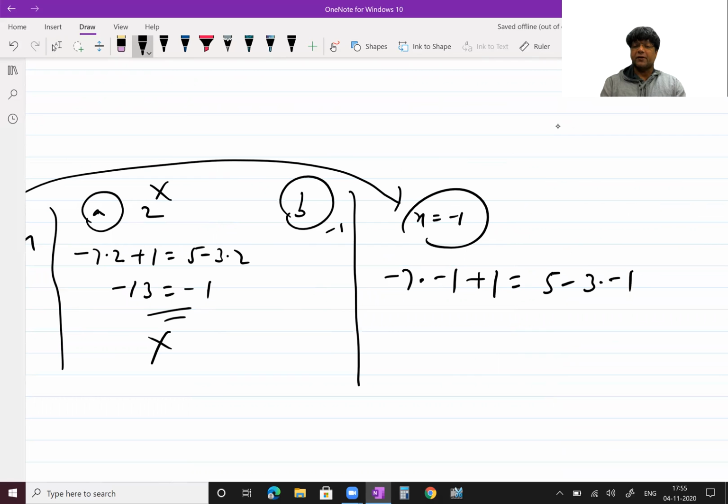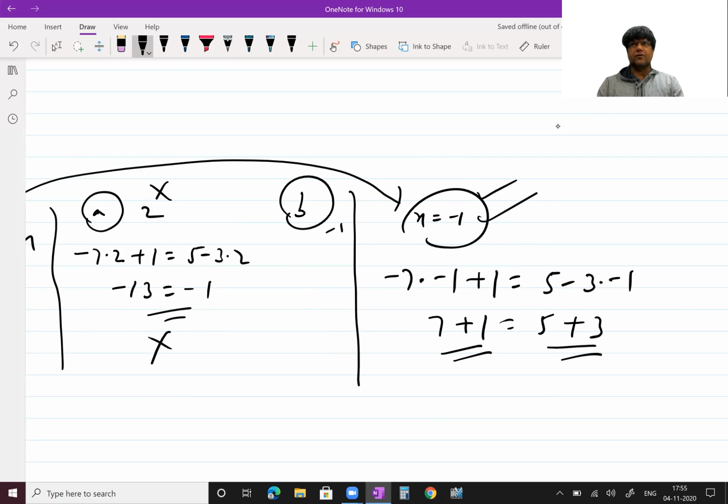Minus 7 into minus 1 is plus 7, plus 1. Is equal to 5 minus 3 into minus 1, plus 3. You are seeing left side 8, right side also 8. That means we say that this value satisfies the equation. After substituting the value, if both the sides become equal, that means we say this value has satisfied the equation. So this is the answer.